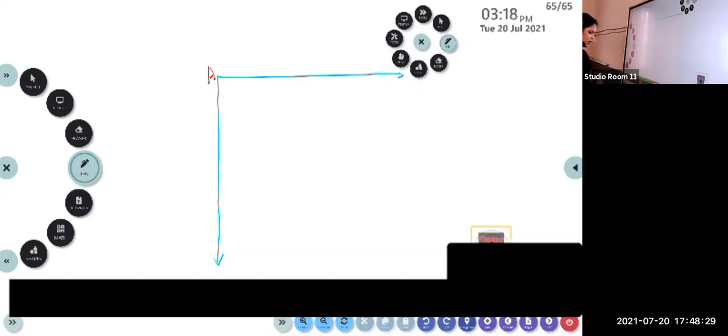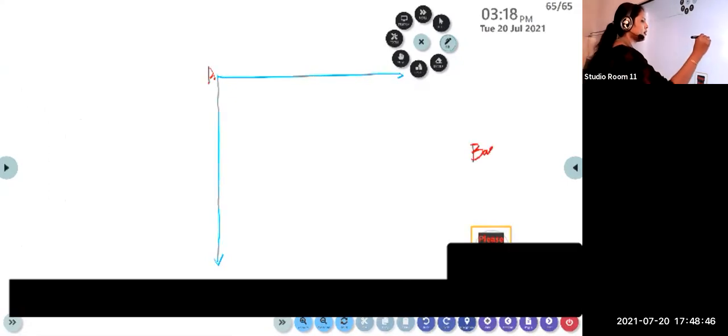So A to B. On this horizontal line, we are going to mark our back hip measurement, because we are developing the back basic skirt pattern.